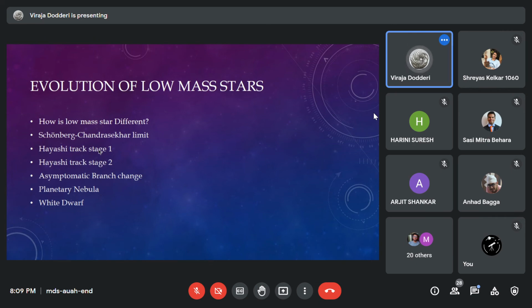So by the time all the hydrogen in the core is used up, it goes on to the burning of the hydrogen shell. This hydrogen shell is pretty thick when compared to other mass stars. This shell is almost to the center itself.